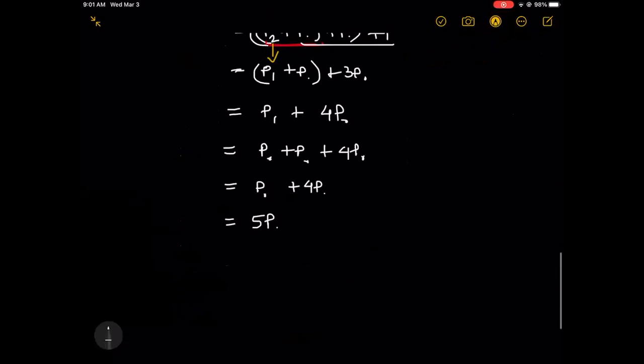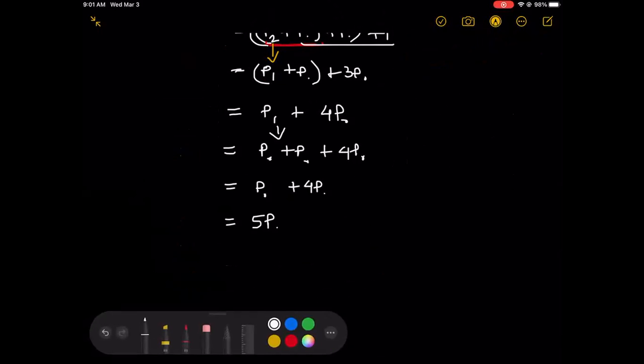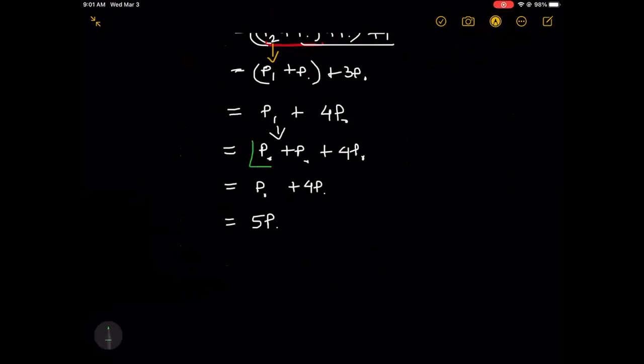I guess we have a lack of information here, because we can't really say that P1 equals P0 plus P0, because P0 plus P0 means 2 P0. That means in the first year, we are saying that it's actually getting doubled.